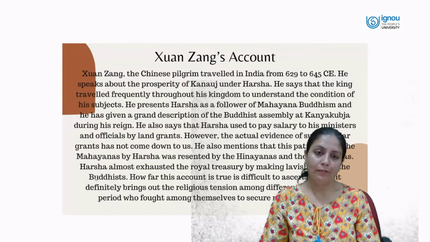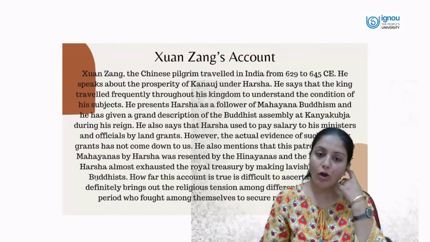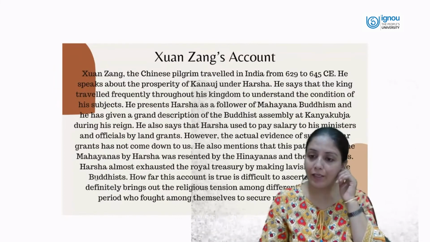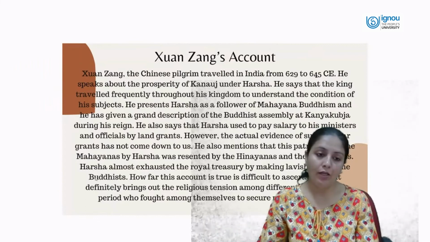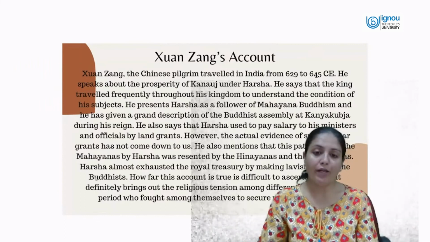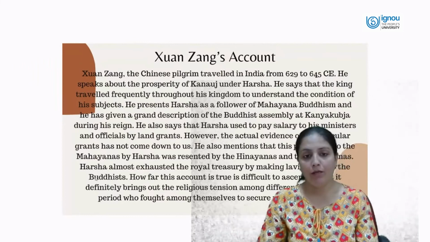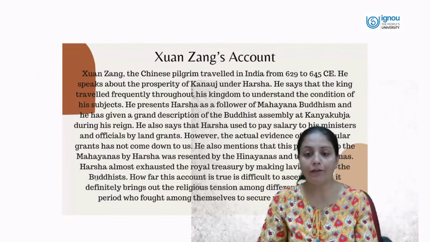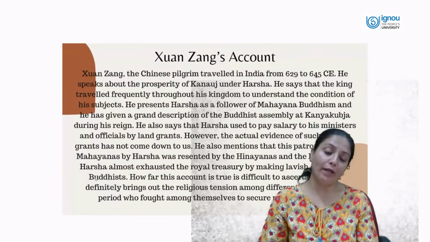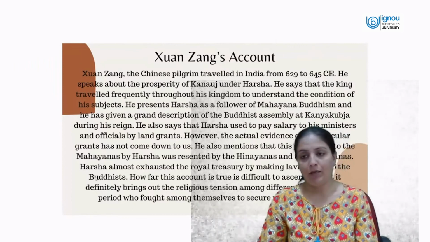Harisena wrote a lot of praise; he compared his king to Varuna, to Kubera, Varuna and Yama. Those were the grand titles adopted by the kings at that time.